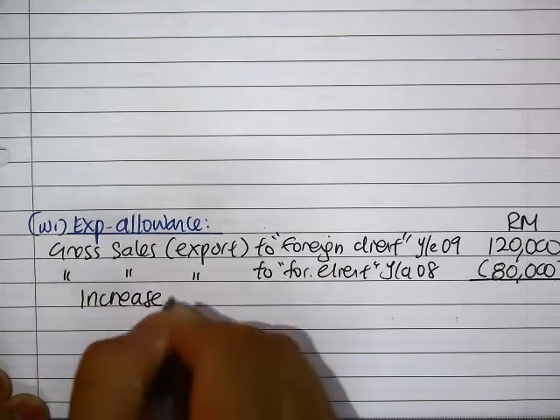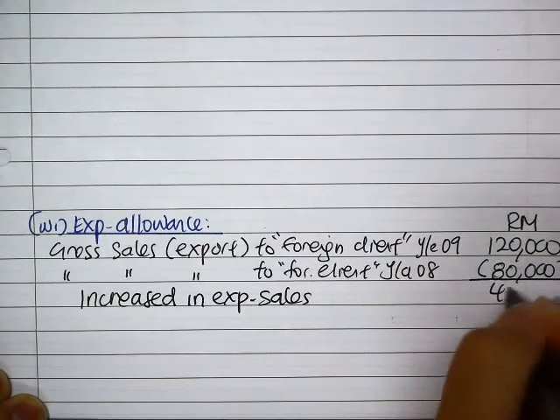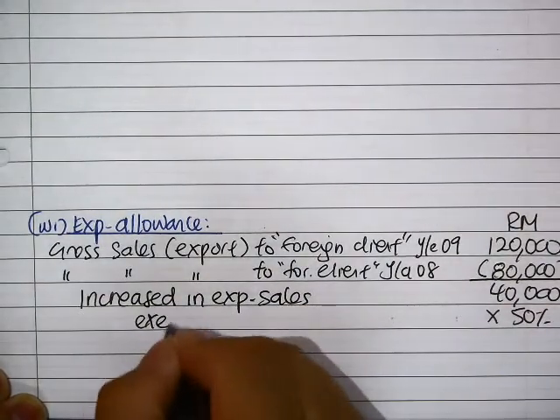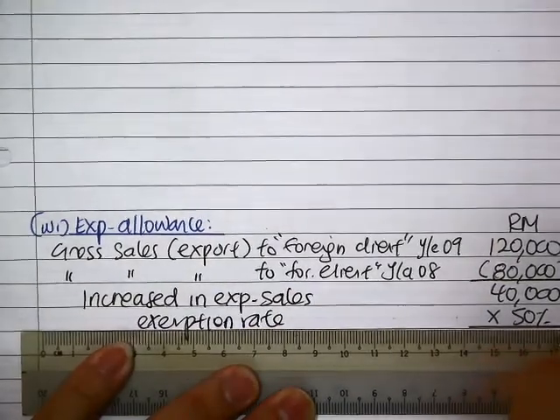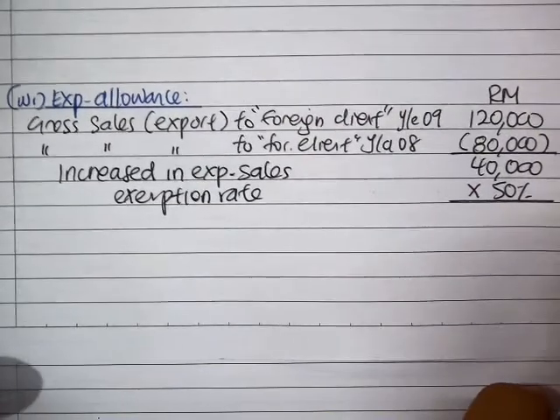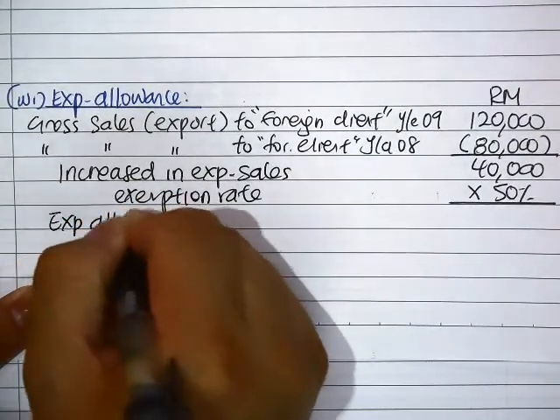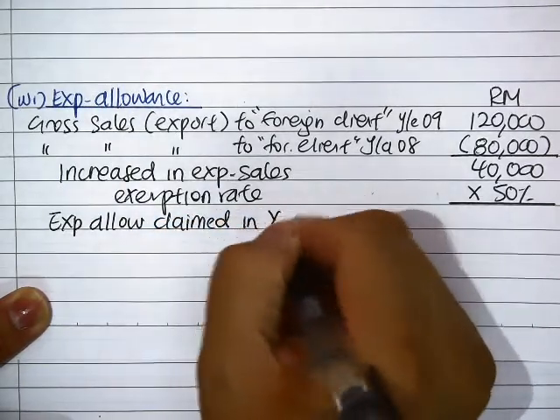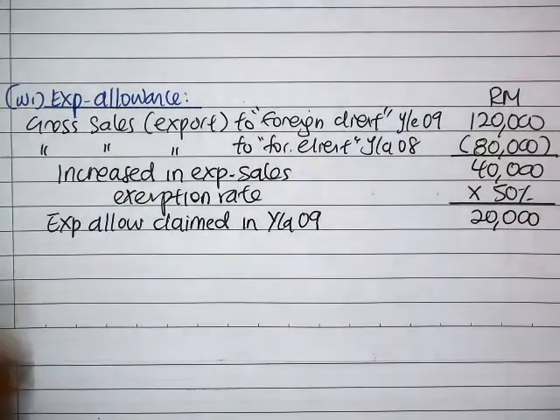So the increase in export sales is 40,000. Now exemption rate would be 50%. So export allowance claim in Y09 is 20,000.